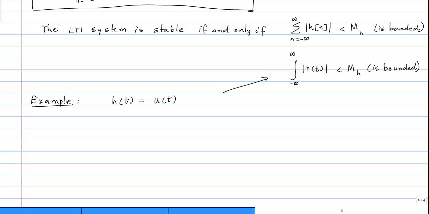Well, if I plug this h of t into this expression here, I see that the integral from negative infinity to positive infinity of the magnitude of h of t dt is the integral from 0 to infinity of 1 dt, which is clearly not bounded. Okay, so the system is unstable.